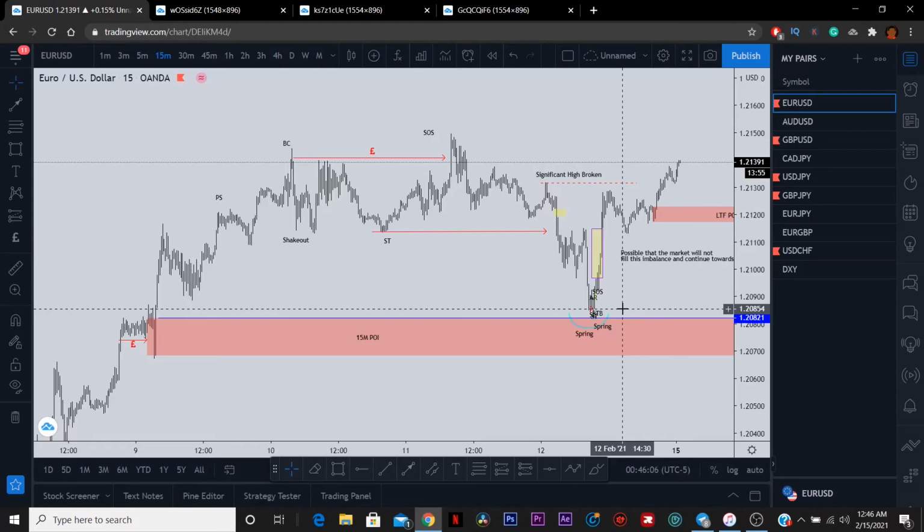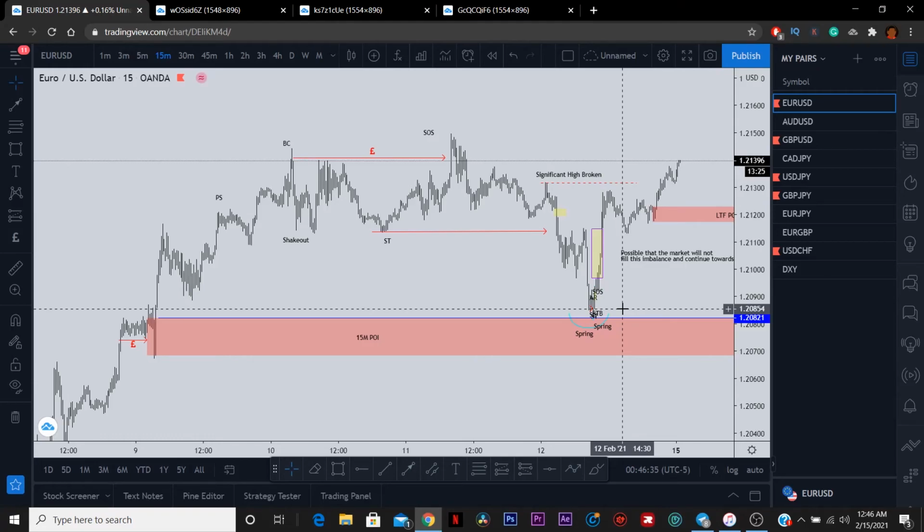But if you don't want to take that entry straight off the point of interest or the sponsor candle, then you can also wait for the market to get there. Zoom in on the 5 minute, 3 minute, 1 minute. Look for a breaker structure on the 1 minute or an accumulation. Just look for a smaller time frame setup to happen inside of that area, and then look for an entry, and then take the trade.